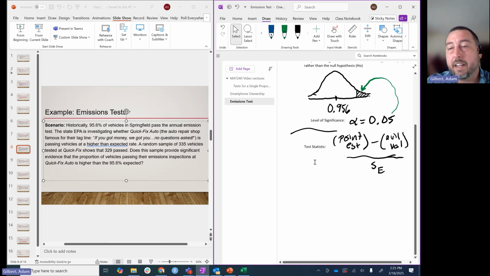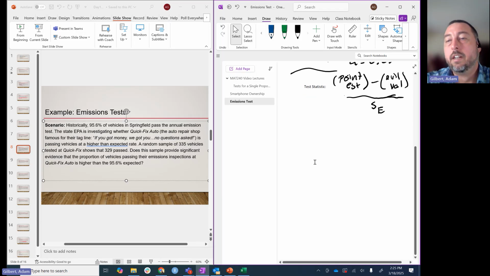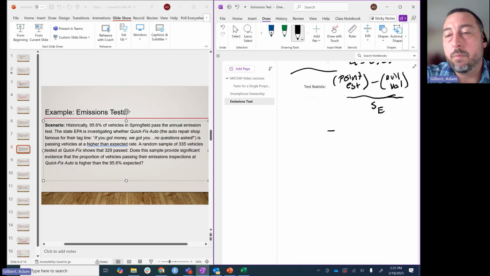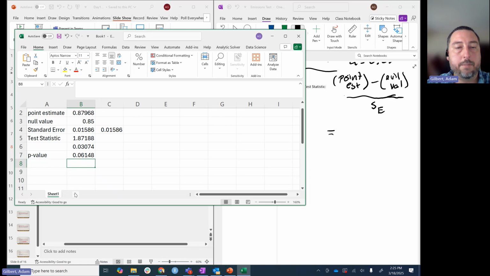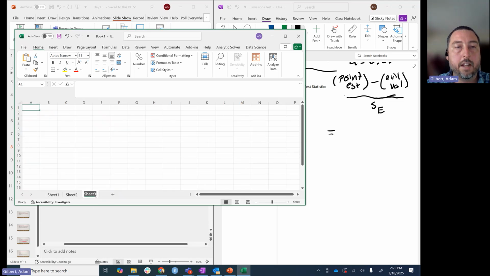Again, the point estimate comes from our sample data. So in the problem, we collected data from QuickFix. They had a random sample of 355 vehicles. That's the total sample size. 329 of those passed. And so the proportion that we're going to calculate here is 329 out of 355. So I'm going to get us a new sheet. I'm going to make the cells a little bit bigger here.